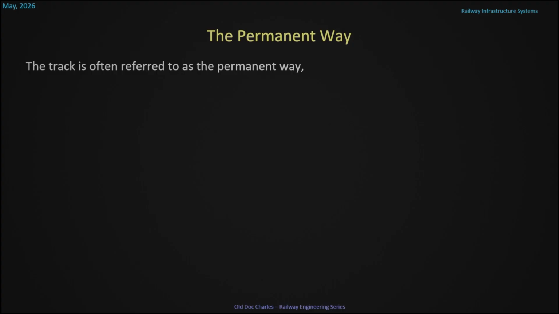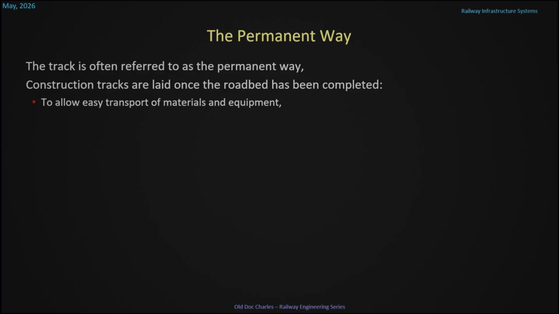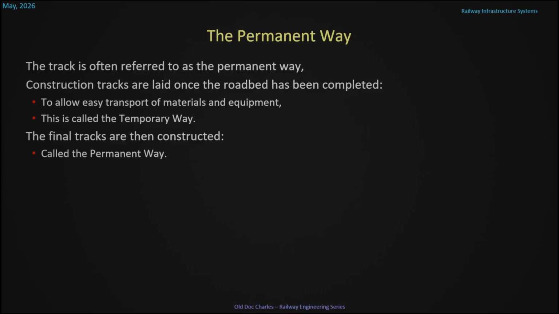Basically what happens is that construction tracks are laid once the roadbed has been completed, to allow easy transport of materials and equipment, and we call this the temporary way. We then construct the final tracks, and this is called the permanent way.